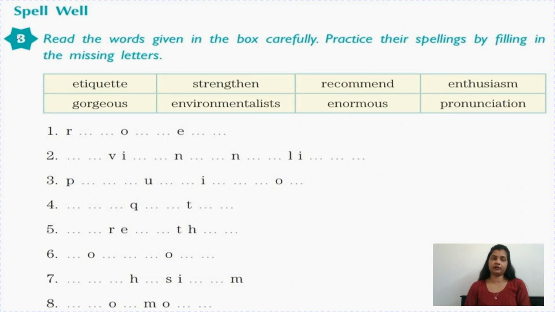Now spell well. You have to learn the spellings here. Read the words given in the box carefully. Practice their spellings by filling in the missing letters. So what you have to do here, you have to read the spellings and also you have to learn the spellings. So first one is etiquette. Now second is strengthen.